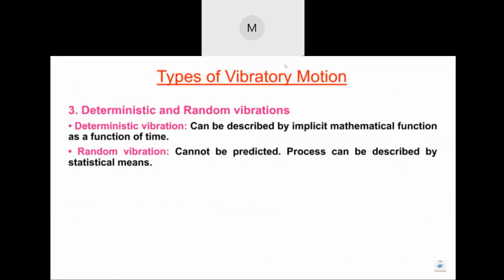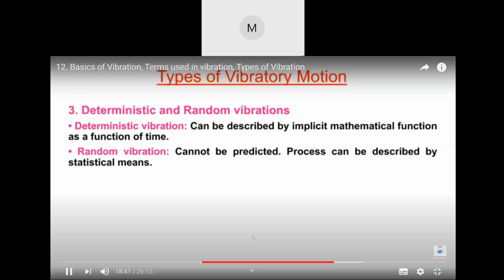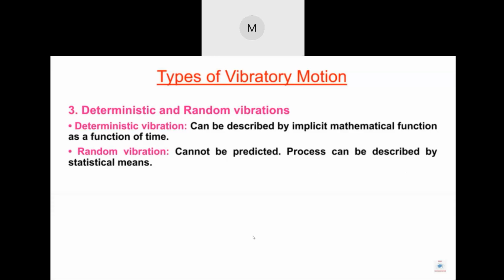Next, deterministic and random vibration. Deterministic vibration can be described by explicit mathematical functions as a function of time. These are deterministic, that means we can find the magnitude of these vibrations. But in case of random vibrations, they cannot be predicted.